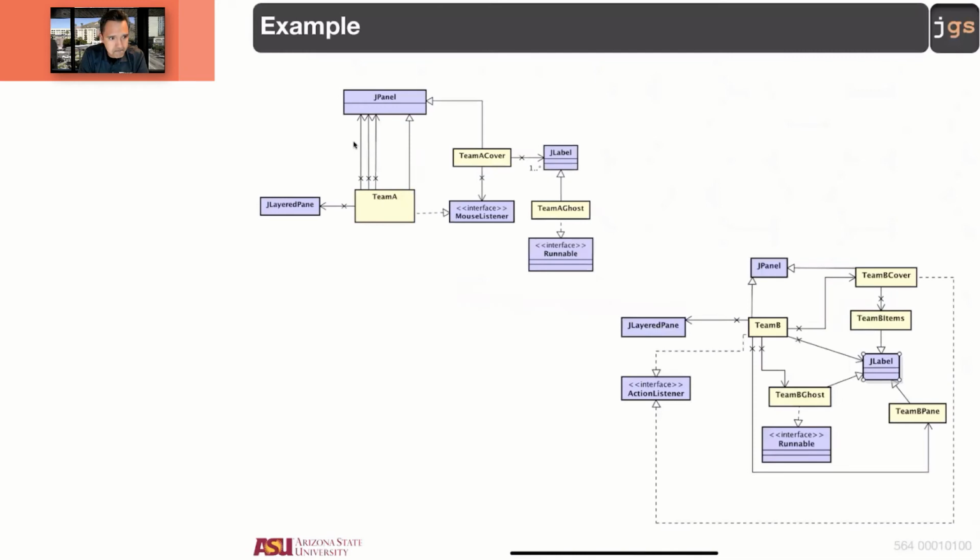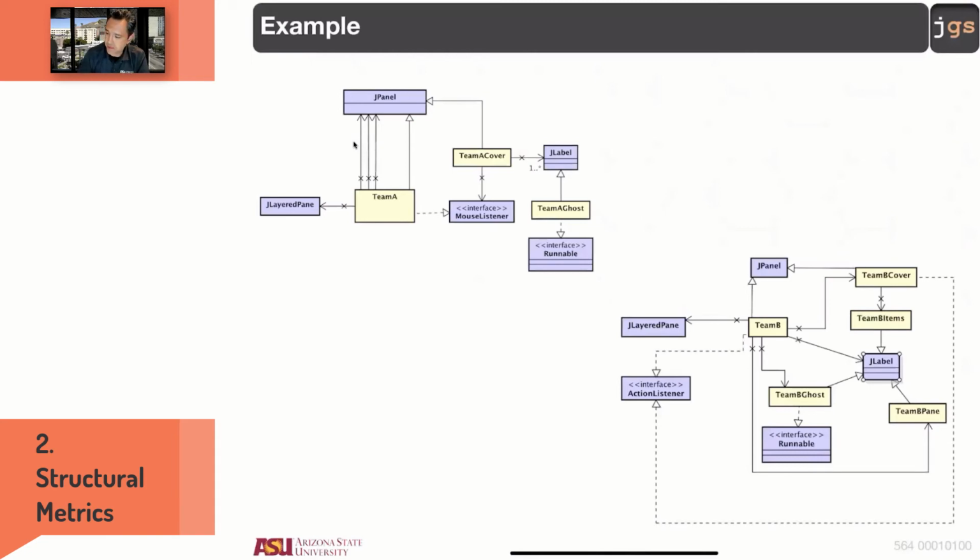I am talking about structural complexity metrics, and just to connect this with the previous one that you know, structural complexity metrics, your input, the diagrams. I want to know if these two diagrams represent solutions for a particular software, for a particular system that I asked you to do.